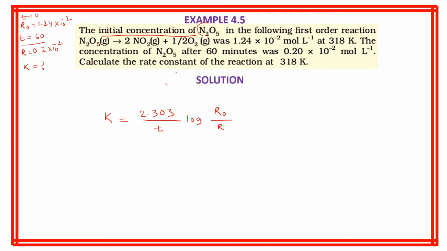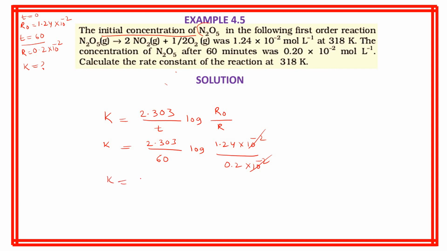Now substituting the values, K equal to 2.303 by t log of initial concentration 1.24 into 10 to the power of minus 2, divided by the concentration of reactant at this time. This time I have taken as 60 minutes. This one will be 0.2 into 10 to the power of minus 2. The powers cancel here.